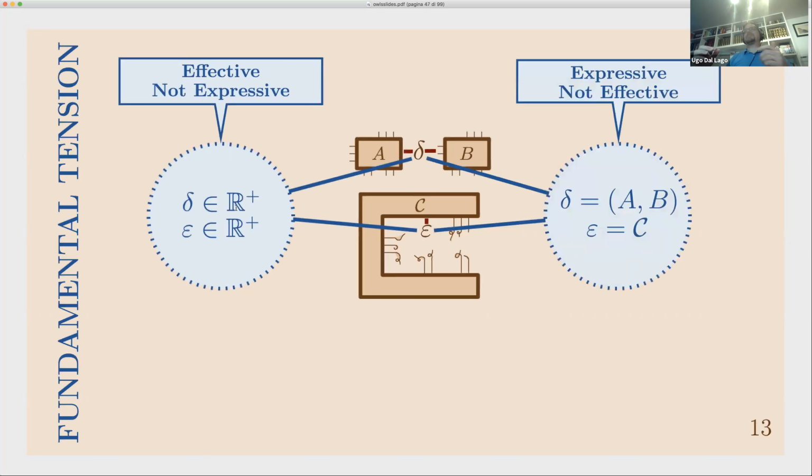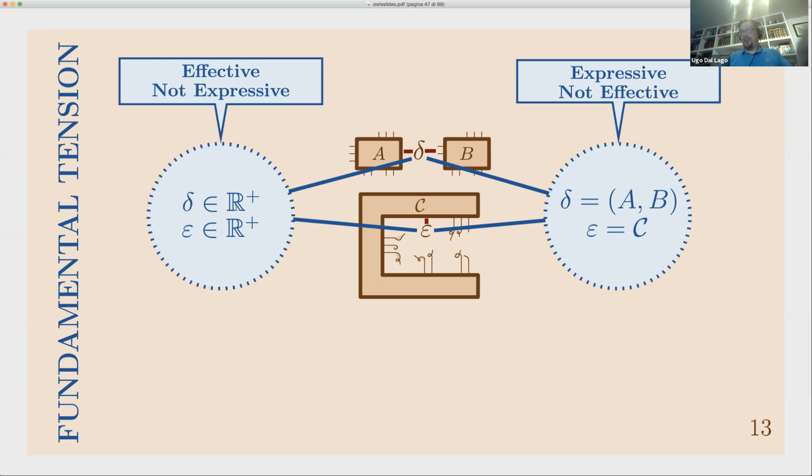On the other hand, you can go to the other extreme and get a notion of program distance which is very expressive, namely it can justify everything, but not at all effective. Why? Because you can take as the distance between two programs just the pair of programs itself.